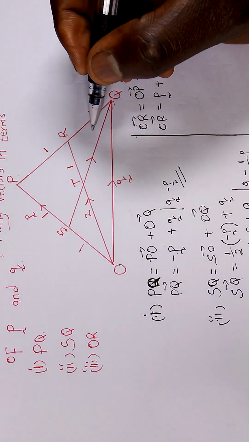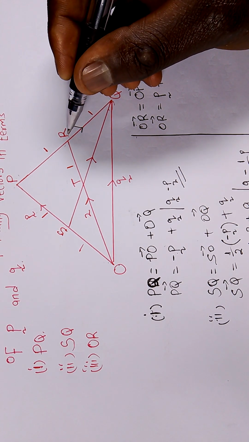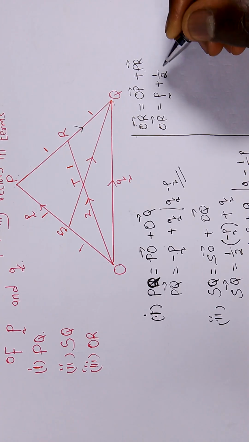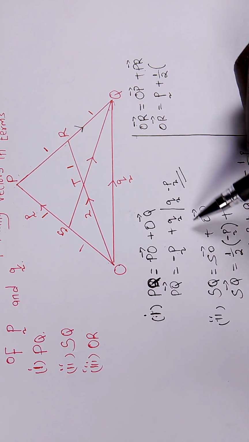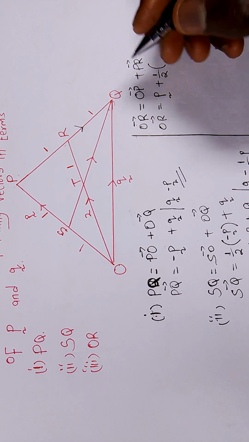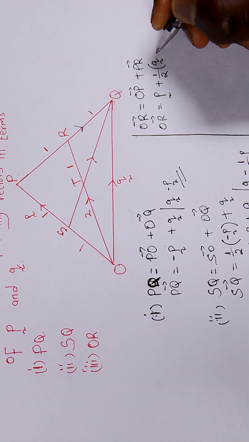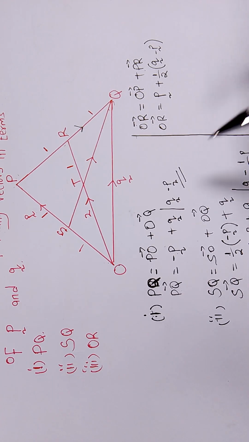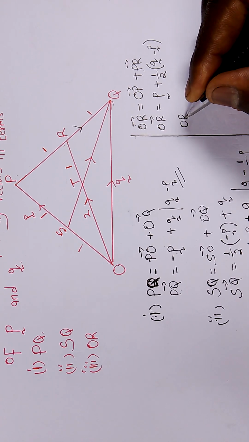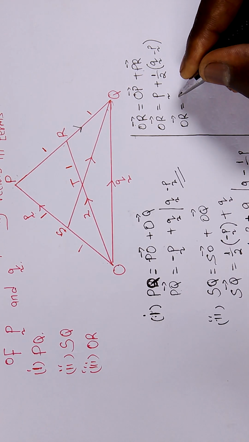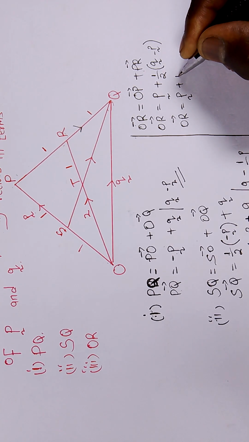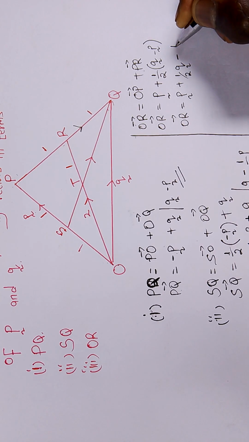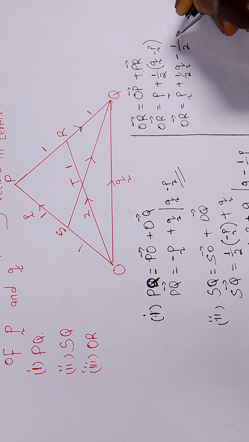R is the midpoint of PQ, and if R is the midpoint of PQ, that will give us a half of PQ, and our PQ is equal to Q minus P. This is our PQ, Q minus P. So we'll end up having OR is equal to P plus a half Q minus a half P.